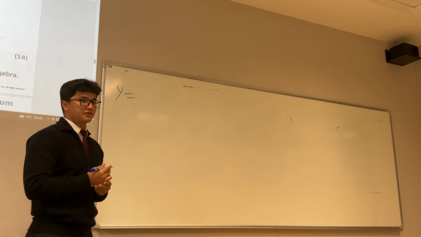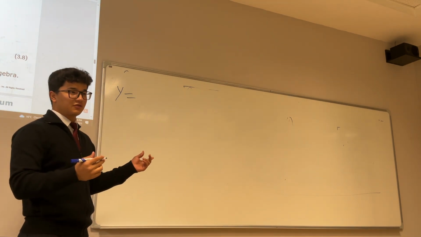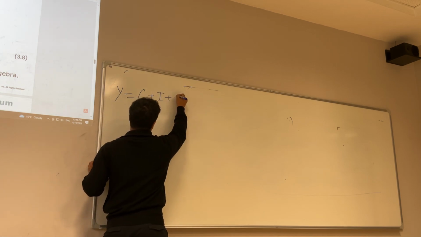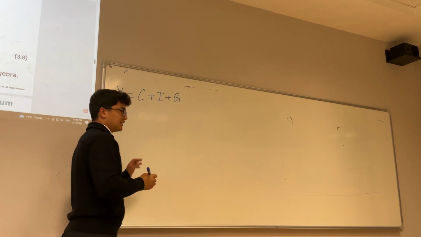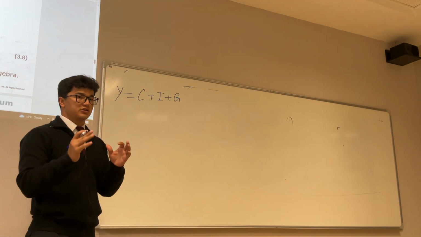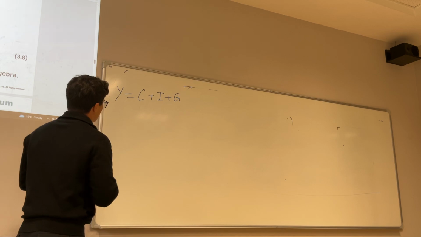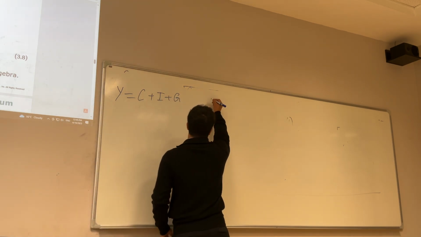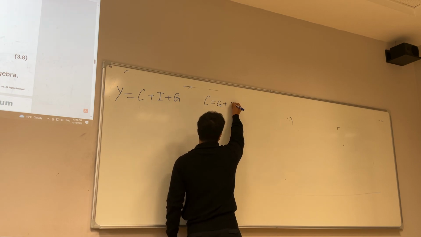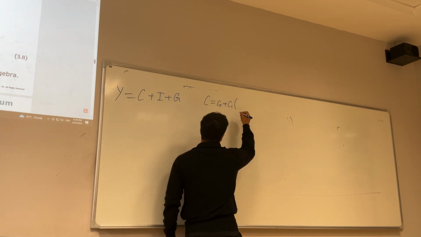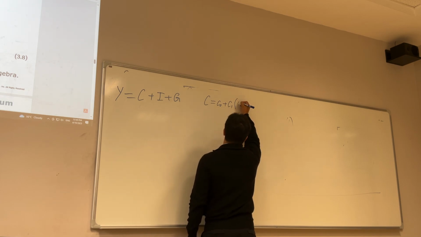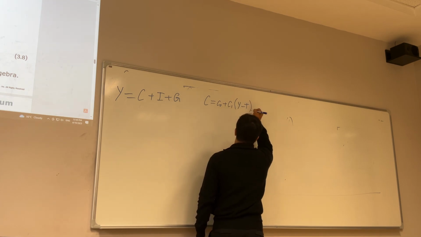First, I should start from the beginning. Our general formula: consumption plus investment plus government spending. And because that's a closed economy, we don't consider imports and exports, and we assume that they're equal to 0. So guys, our consumption formula was like this: C0 intercept plus our slope times Y minus T, that's our disposable income.